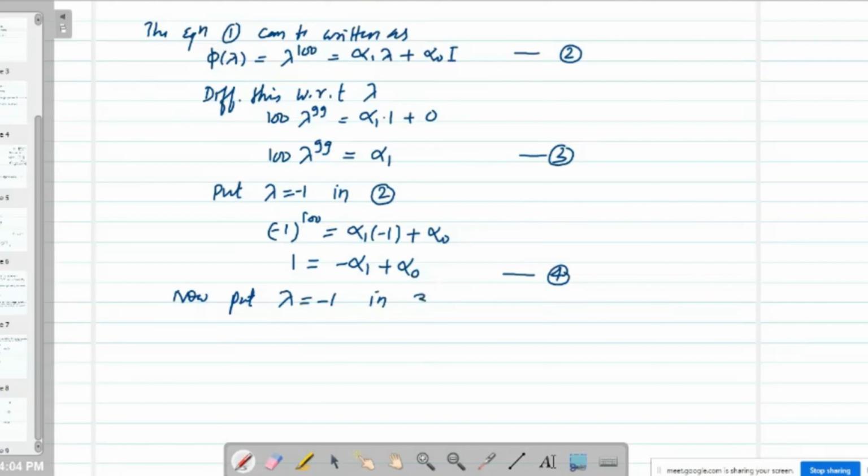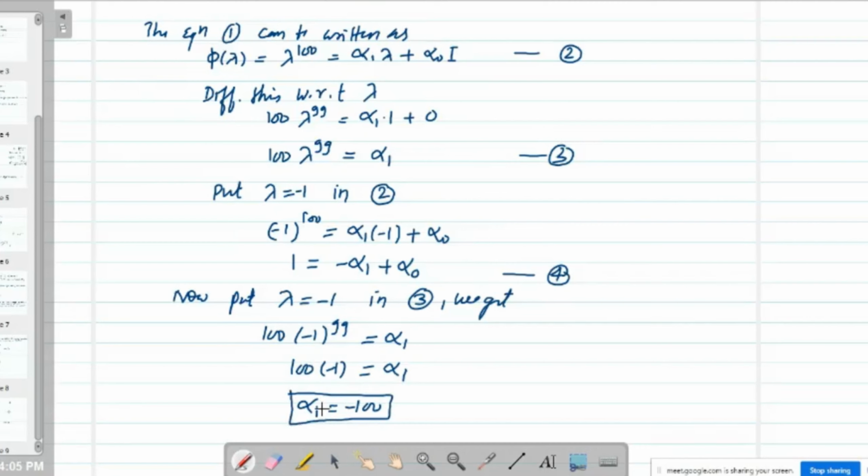In equation number 3 we get 100 into (-1) raised to 99 equal to alpha 1. Here -1 raised to 99 is an odd power, so it becomes -1, so multiply, you will get -100. Therefore alpha 1 equal to -100.